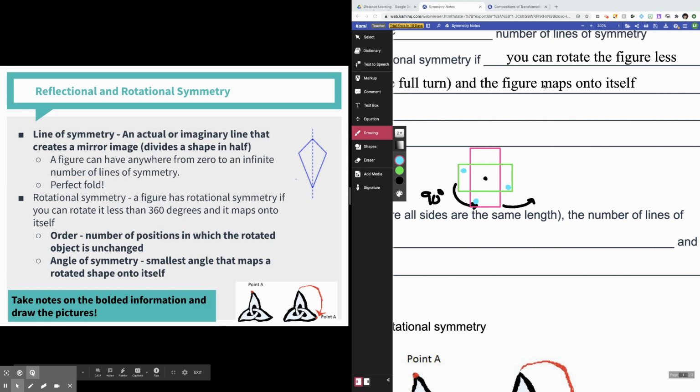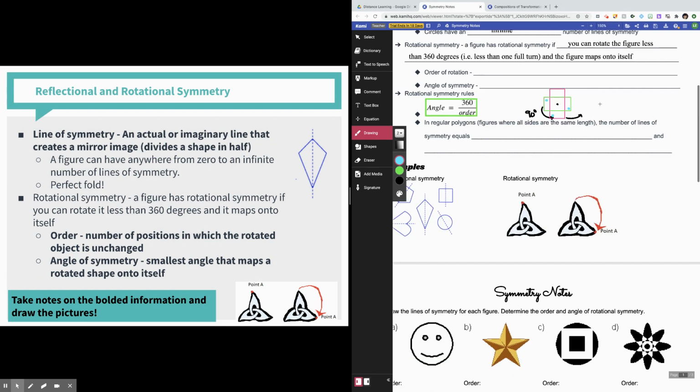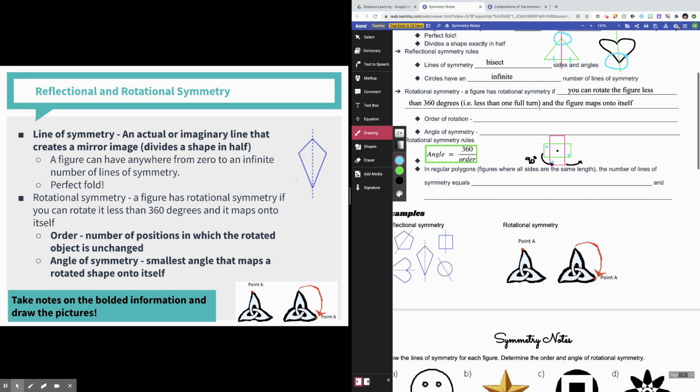Let me zoom out a little bit here. There are some shapes that can be turned many times and map onto themselves, but there are other shapes that don't have rotational symmetry because you can't rotate them and have them map onto themselves.